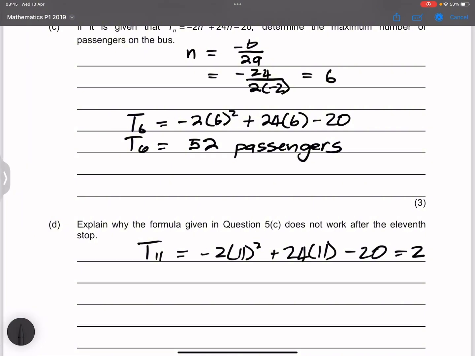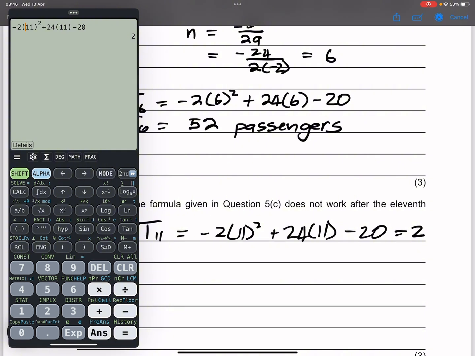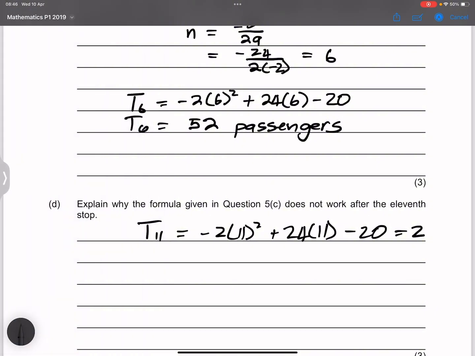But beyond that, I want you guys to note that's the first number of passengers that I started having. So which means that after 11, we will actually have a negative number, right? So look at this. I'm going to convert that to 12 on my calculator. So if we make it 12, which means in this case, after the 11th stop, you can't actually have a negative number of passengers. Okay, right.